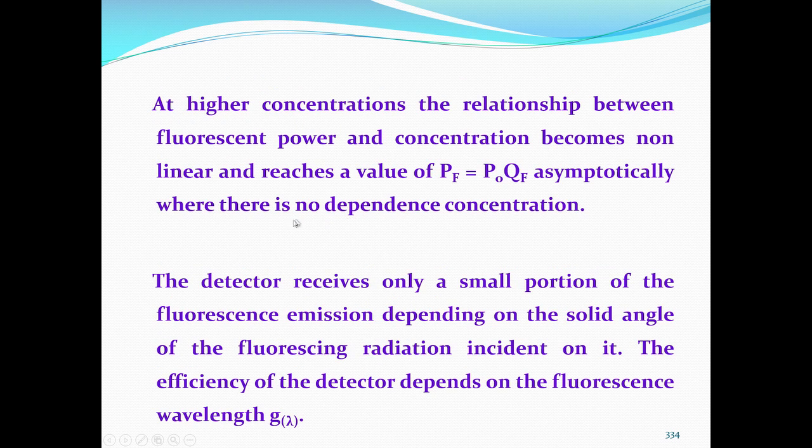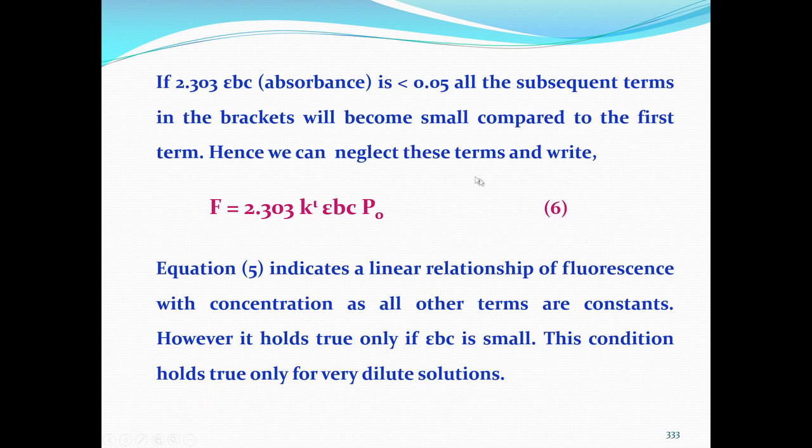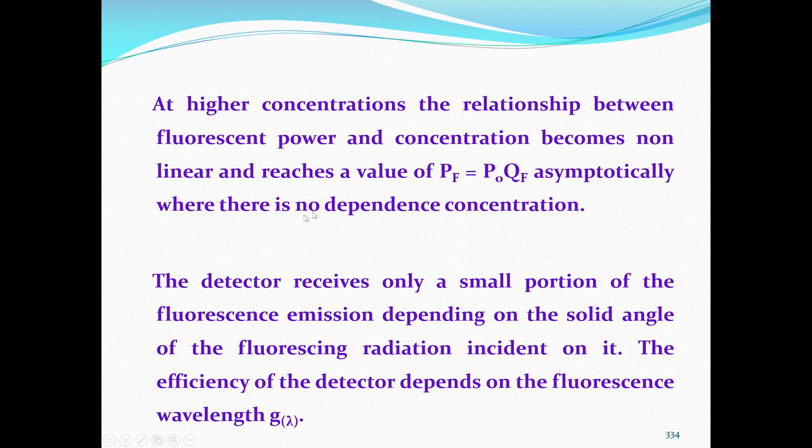And at higher concentrations what happens? At higher concentrations the equation becomes definitely non-linear and reaches a value of P naught Qf. So, that means all these terms can be replaced, Pf is equal to P naught Qf, asymptotically where there is no dependence on concentration.